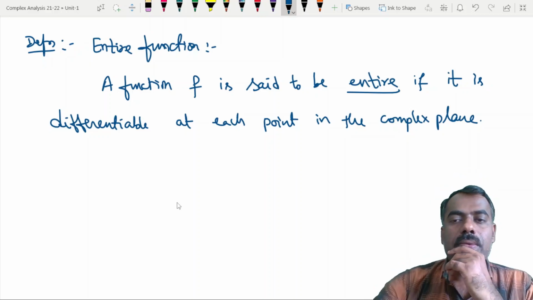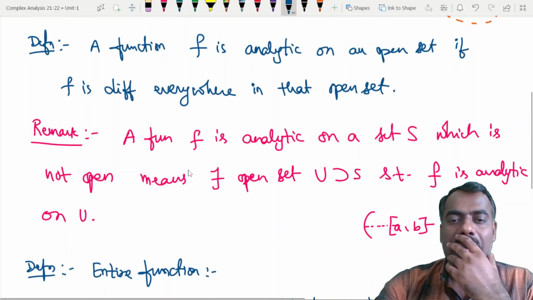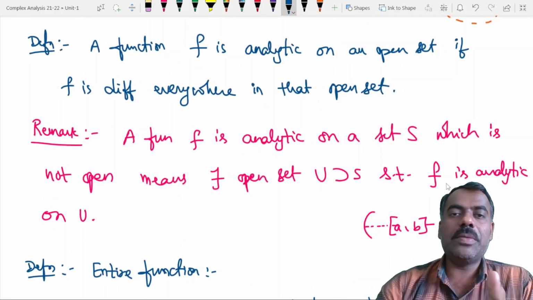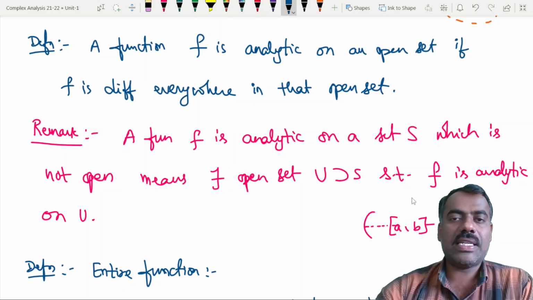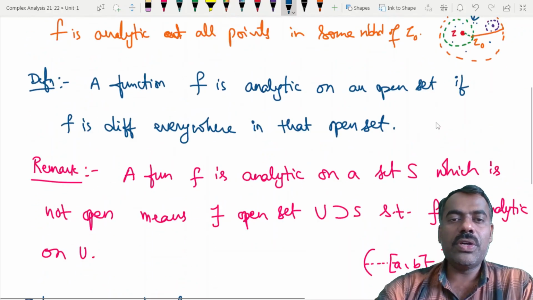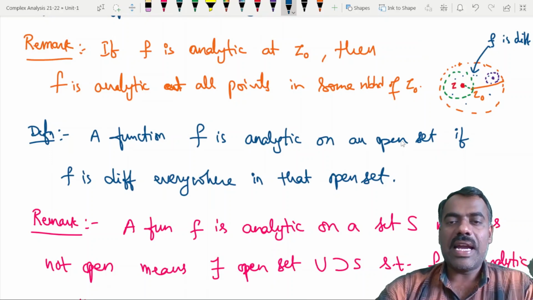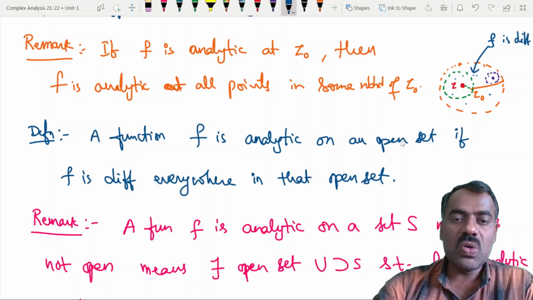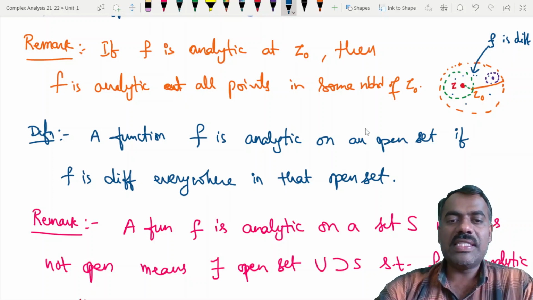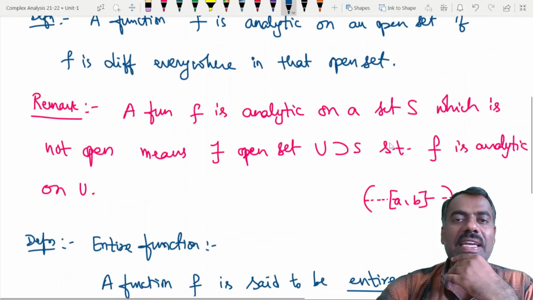Now, because analytic is about differentiability on a given open set or a given neighborhood, whatever properties hold for differentiable functions, like addition, product, quotient, chain rule, all these things you can apply for analytic functions also.